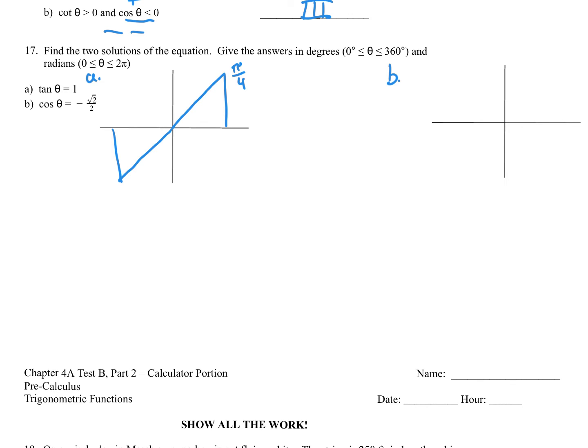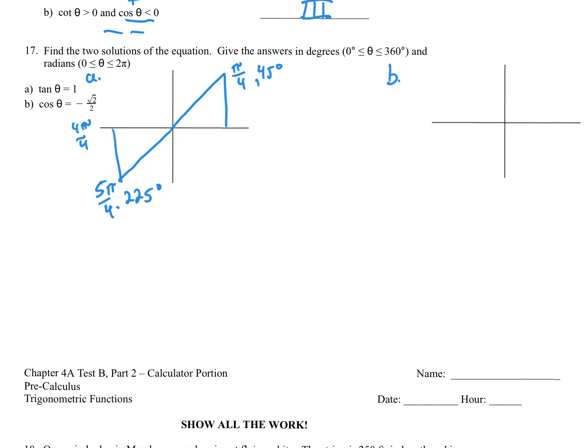This is technically 4 pi over 4, so this is 5 pi over 4. That's the radians. The degree measure is 45 degrees and 225 degrees. So those are the 2 things.